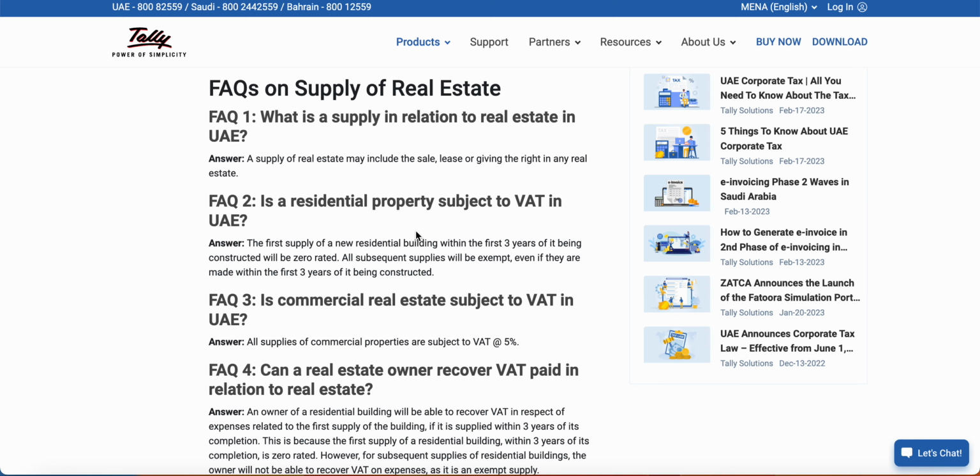The most important thing you have to understand is the VAT law applies to all goods and services sold within the GCC region, including UAE, Saudi Arabia, and there are different rates of VAT in different jurisdictions, but normally everything comes under VAT.